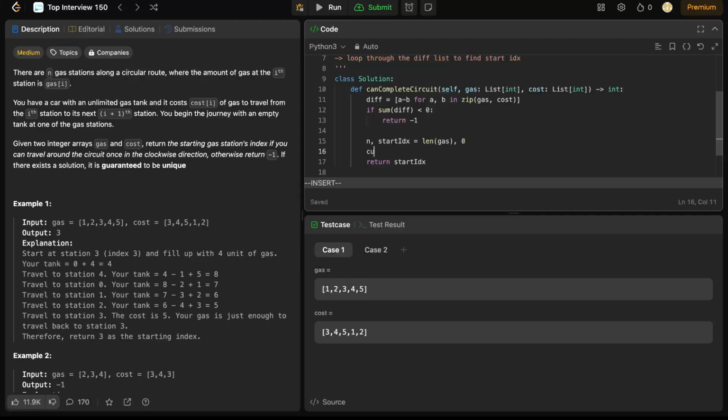Otherwise, we need a current index and a current cost. So the current index would be start index + 1, and then we would need to ensure it's within the route. If the route is only one gas station, we need to modulo this by n.